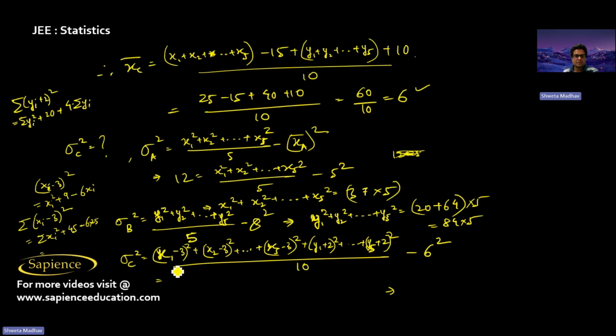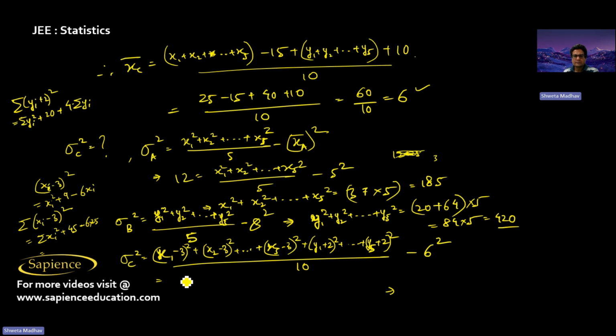So this will be summation xi squared, that is 37 into 5, which is 185. And summation yi squared will be 420.